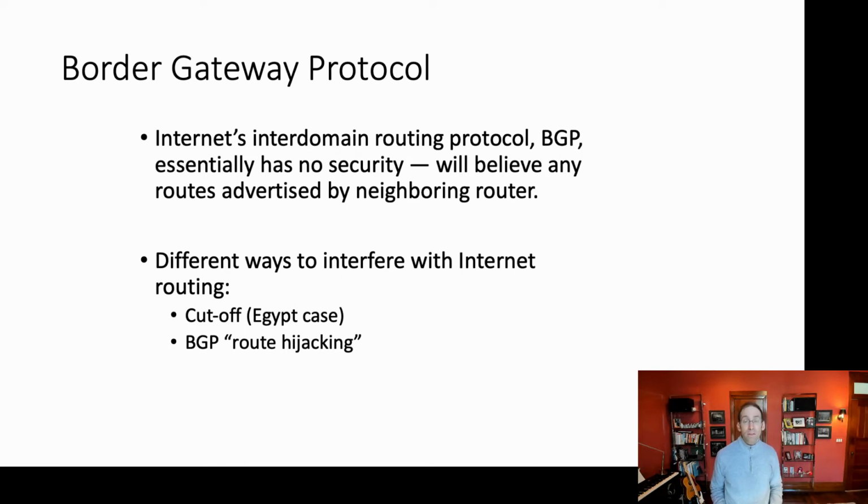We've seen an example of a complete cutoff or shutdown, as in the case of the Egypt Internet shutdown. But there are also more targeted cases that occur even by accident. But we've also seen intentional cases of BGP route hijacking, a process by which someone who doesn't own an IP prefix can advertise it in an attempt to intercept traffic to that destination.